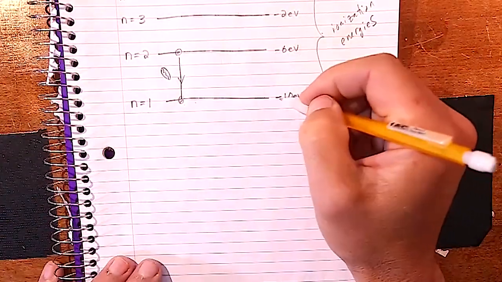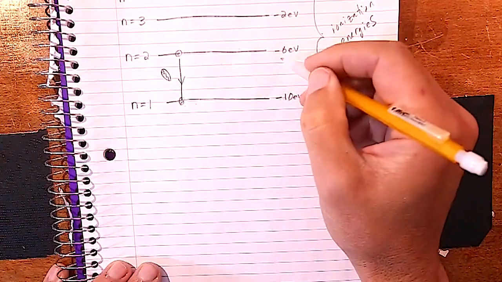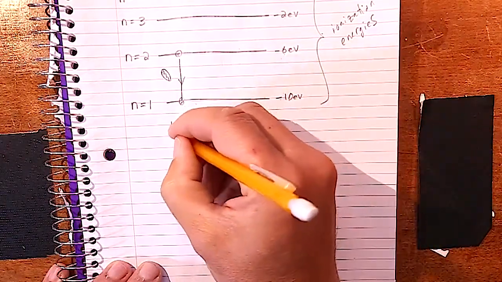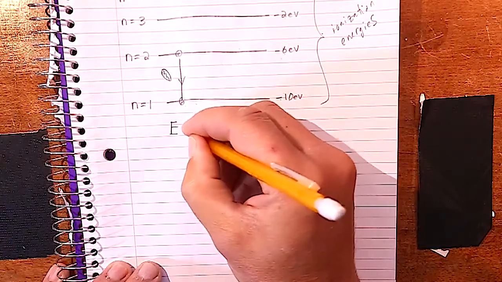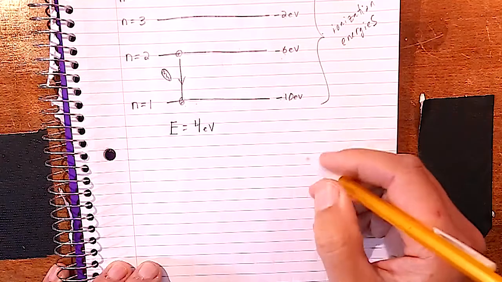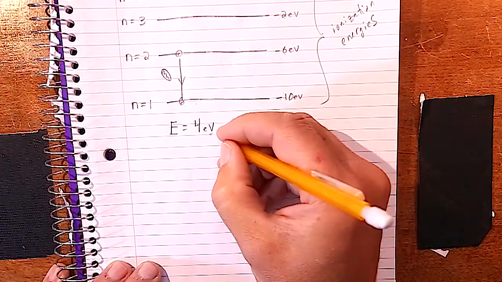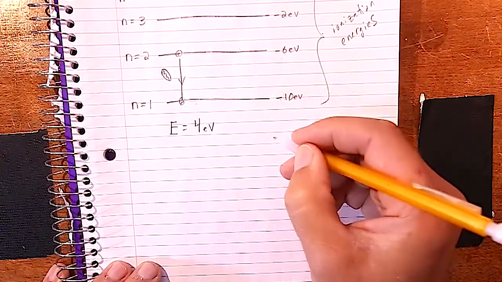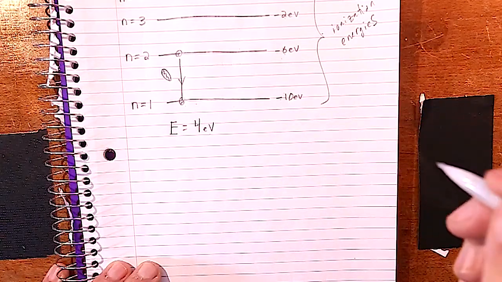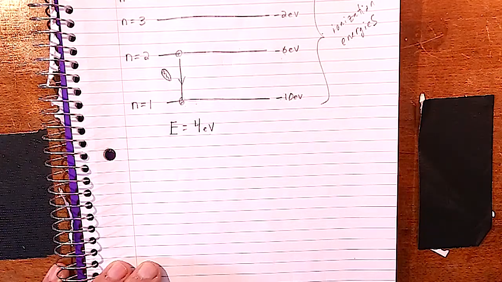And how do we do that? Well, ignore the negative signs and just look at the difference. The difference between 10 and 6 is 4 electron volts. So the energy is 4 EVs. Now, the problem with this is that it's in electron volts, and our formula that uses frequency uses a constant, Planck's constant, which is joule seconds.